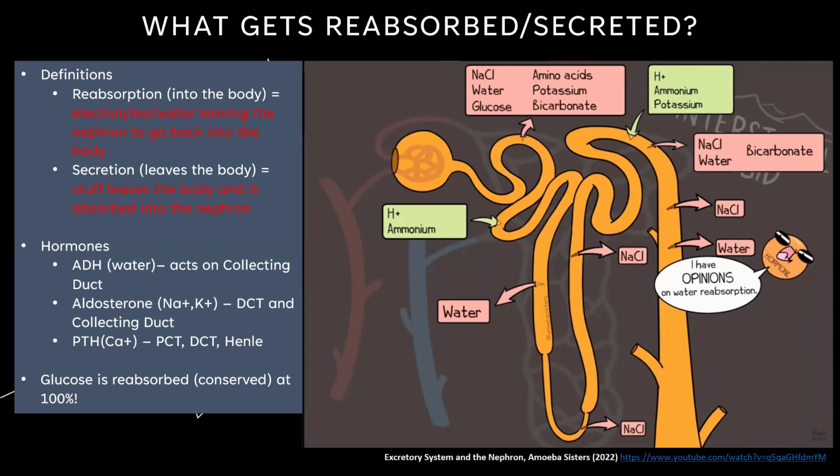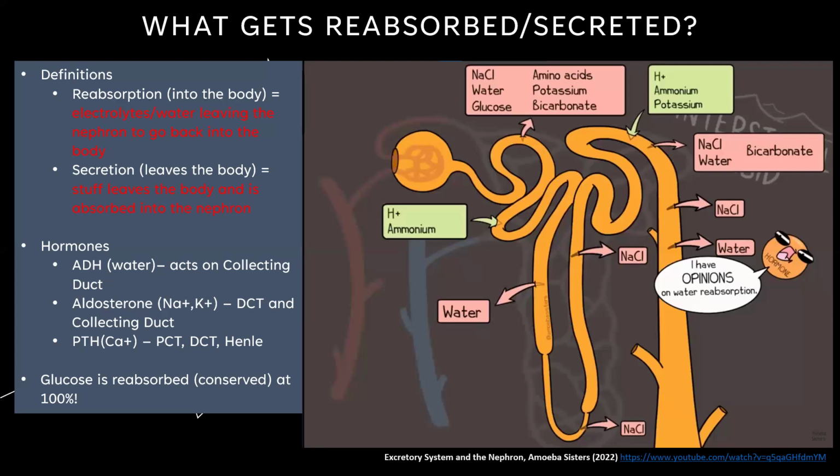This is kind of Bio 181, 182 stuff, but primarily, what we want to focus on is where in the nephron these things get absorbed and secreted.